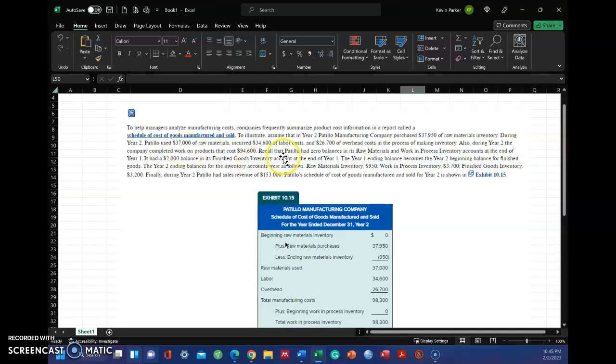Recall that the company has zero balances in raw materials and work in process, from your reading in the book. This is a continuing example. At the end of year one, a $2,000 balance in finished goods. This is a concept that's easy to overlook: the ending balance of year one becomes the beginning balance of year two.